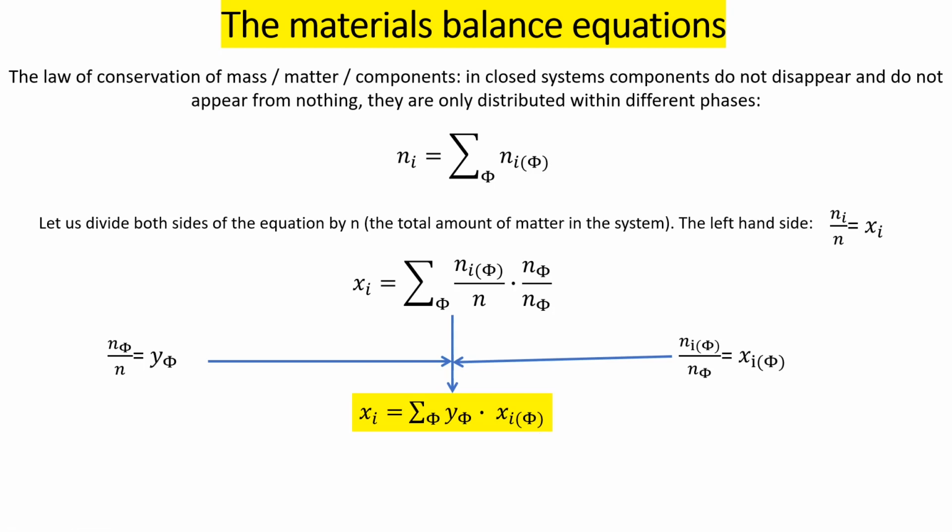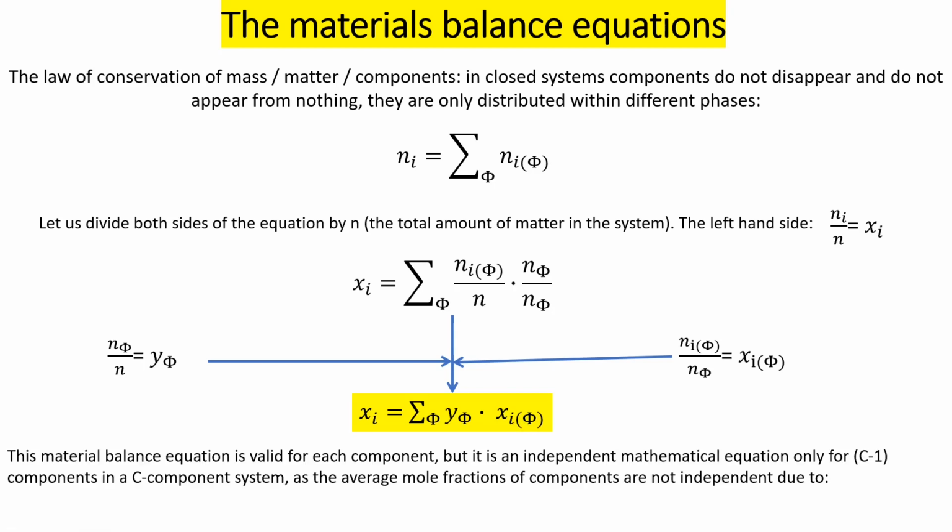I hope you see that this material balance equation connects in a single equation the three different concentrations defined previously. So this is the average mole fraction of component i in the system, the phase fraction of phase φ in the system, and the mole fraction of component i in that specific phase φ.